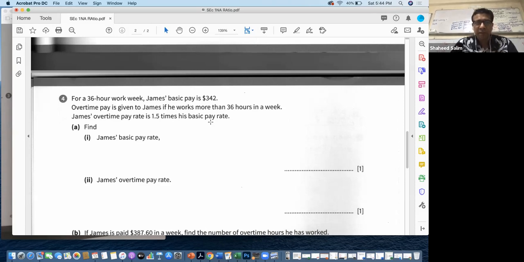Okay, they want the pay rate now here. You can express it as per hour.